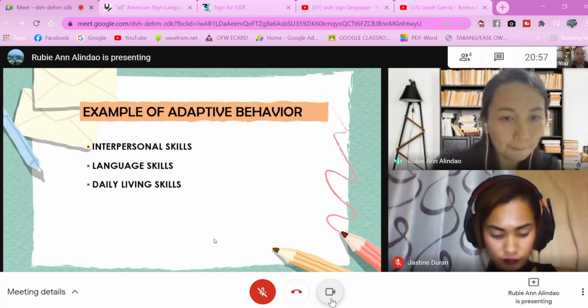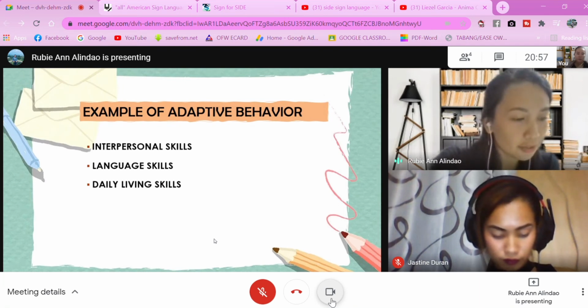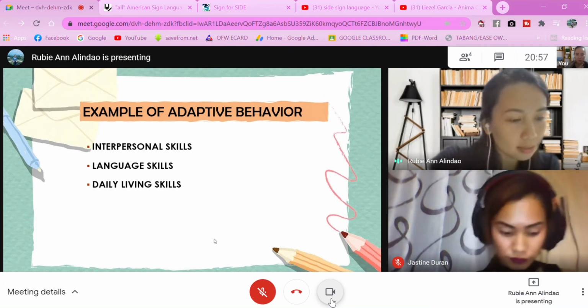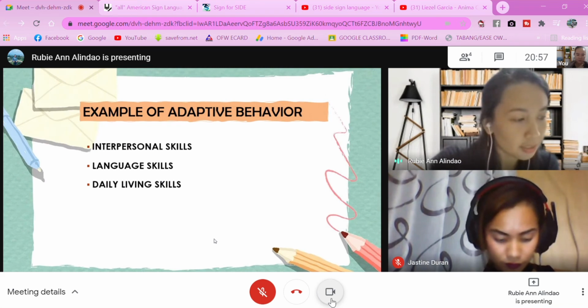Next example is daily living skills. Daily living skills refer to a wide range of personal self-care activities across home, work, school, and community settings. Most daily living skills, like food preparation and personal hygiene, need to be performed on a regular basis to maintain a reasonable level of health and safety.